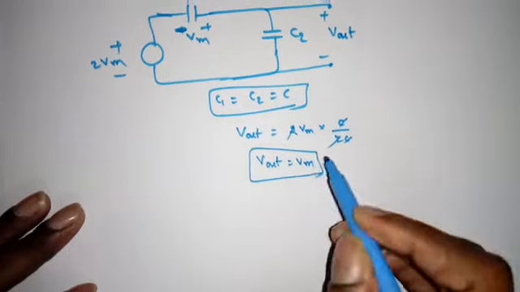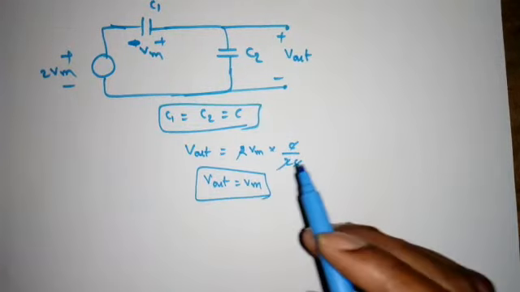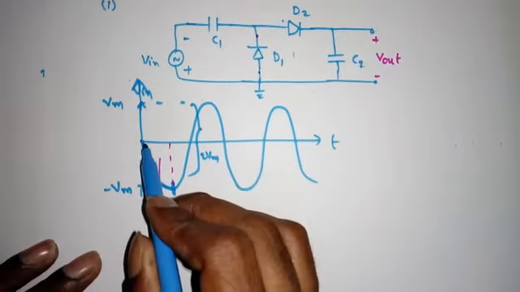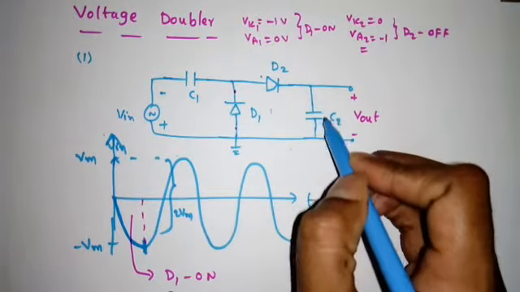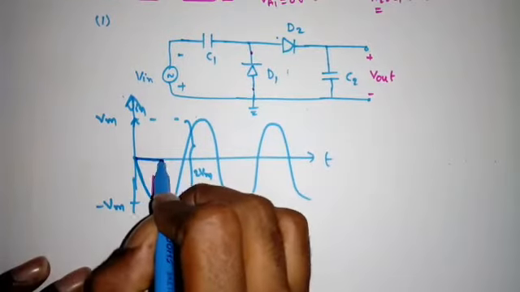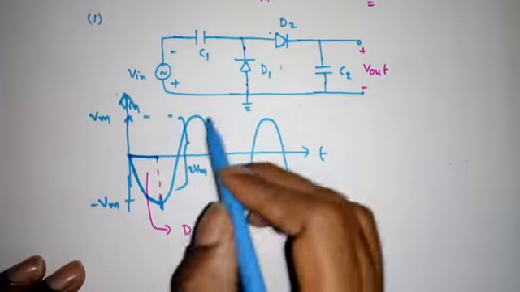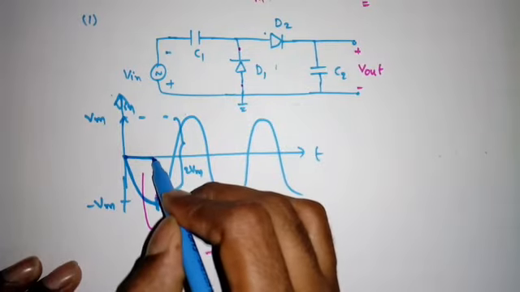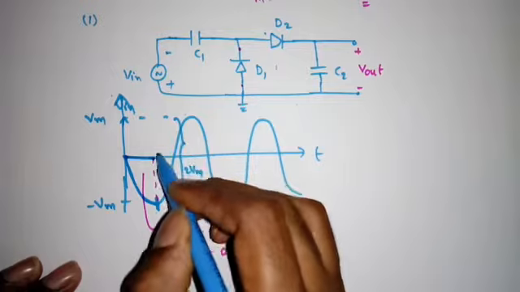So 2 cancels, C cancels, so V out will be Vm. That means the capacitor C2 charges up to Vm only. If I see the waveform, from here to here the diode D2 will be off, that means the capacitor C2 voltage will be 0. From minus Vm to plus Vm, as the input is varying, the diode D2 is on and the capacitor is charging. So how much can it charge? It will charge from 0 to Vm only, right?